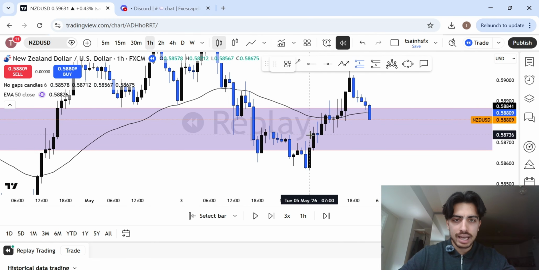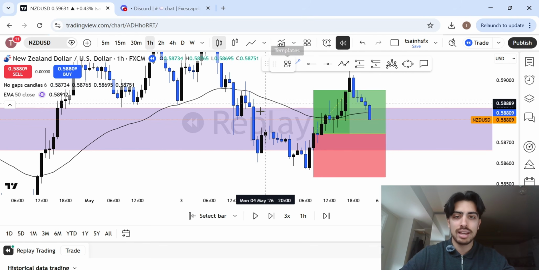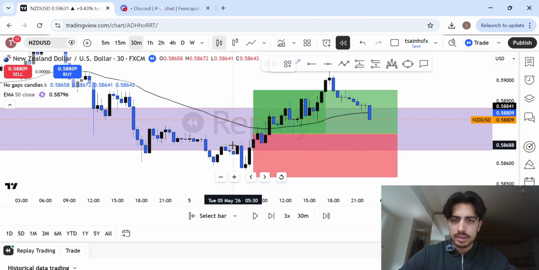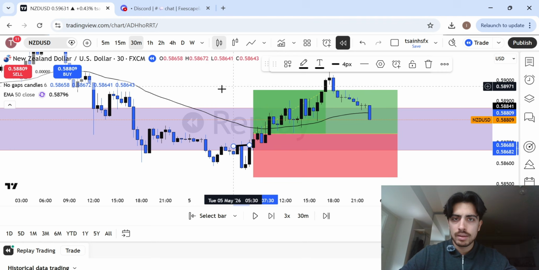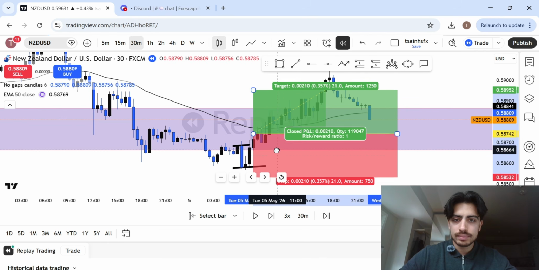Then the only thing I had to do is know the market trend again, knowing where the structure points are. Let's say on the 30-minute time frame, it was this one, the lower high and the lower low. It's very important to know.